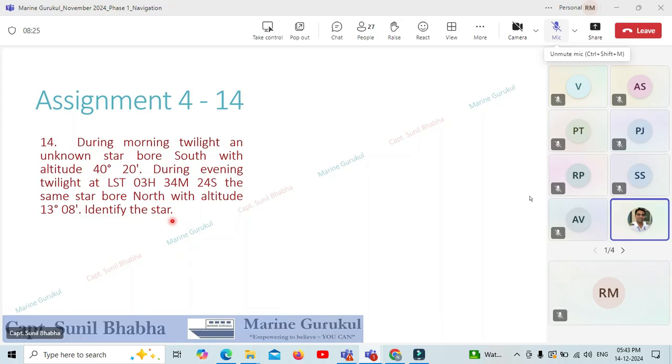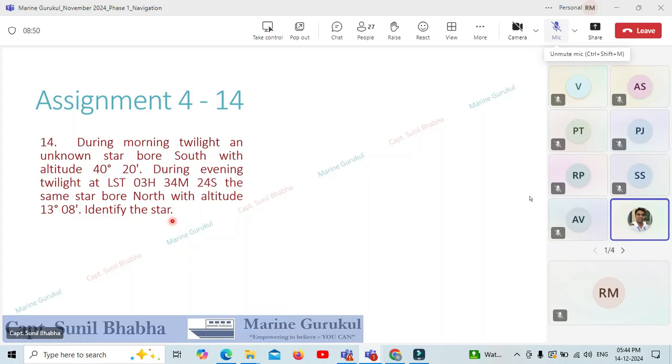Before we start solving this question, I would like to explain the basic procedure which we follow in all these celestial navigation based questions. The basic thing to be done is, number one, draw the rational horizon diagram.